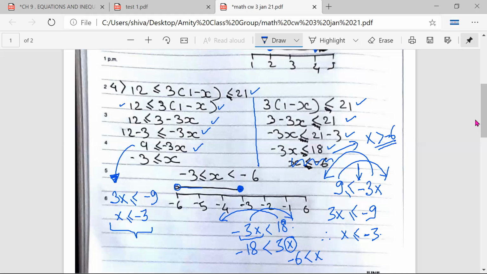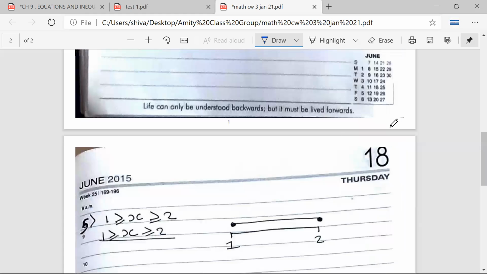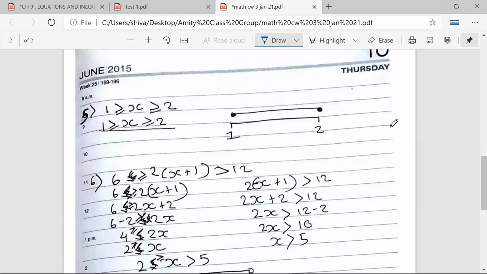Samaji, have you understood? Yes, sir. I'm just trying to keep my x positive so that I don't face any trouble. So x is greater than or equal to 2 and x is less than or equal to 1.